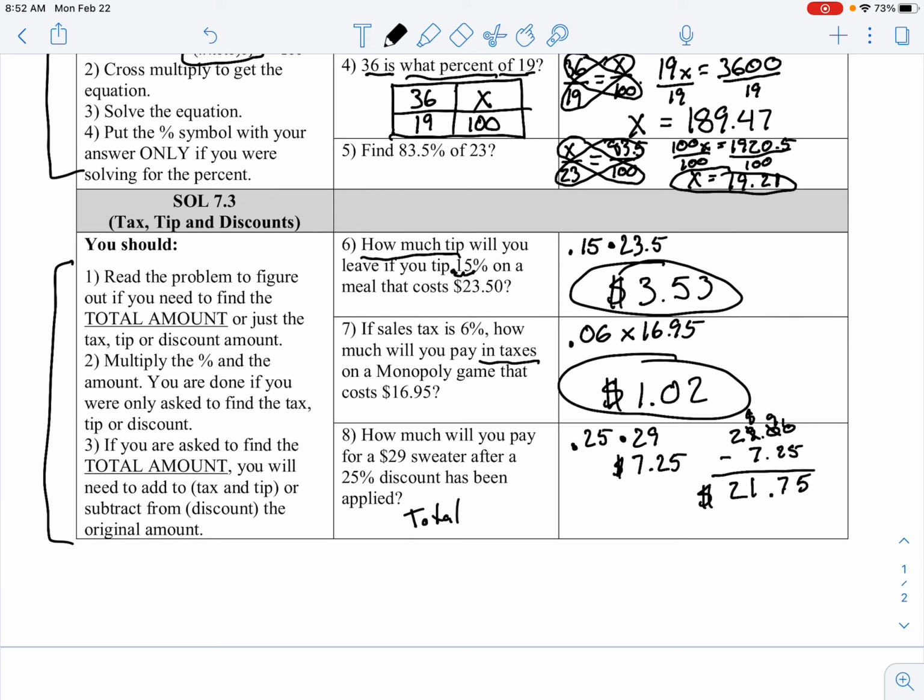And then here is our answer here. $21.75 is what we are paying for that sweater when it has a 25% discount. So we get to take a little bit of money away from it, right? So there it is. So with these kinds of problems, we just want to be sure that we're looking for either the total amount or just the tax, tip, or discount amount. So read carefully when you take a look at that.